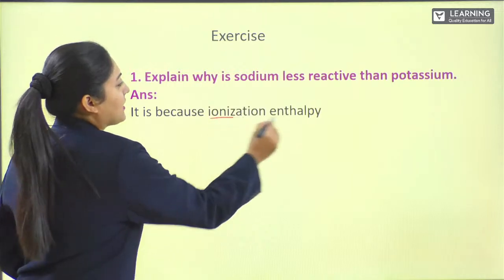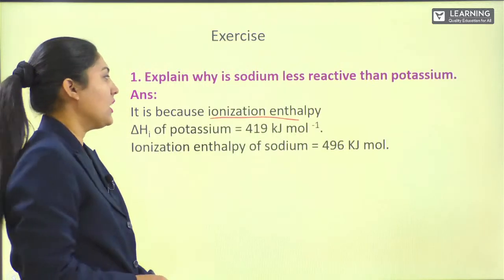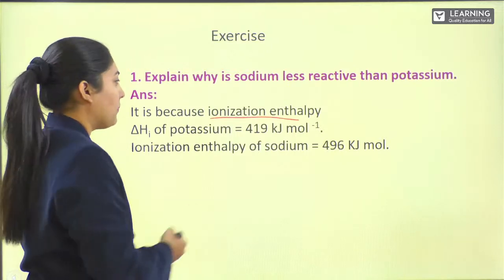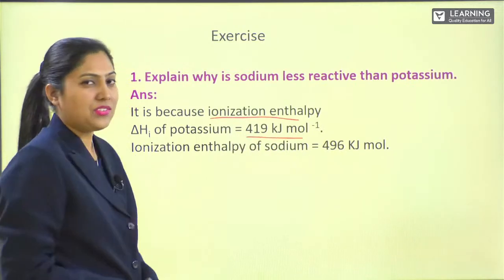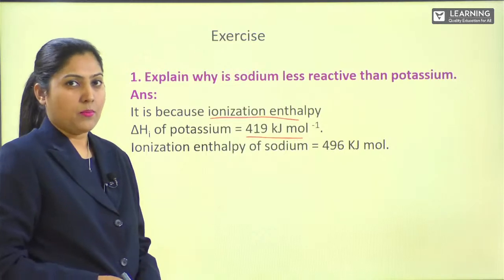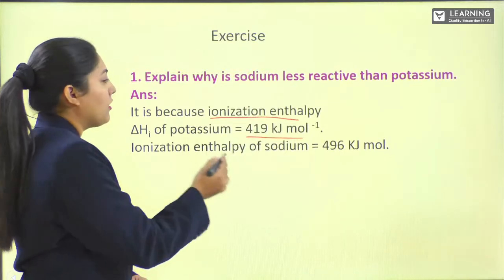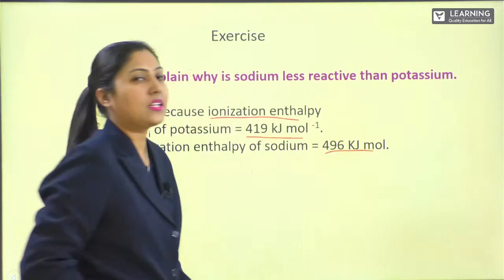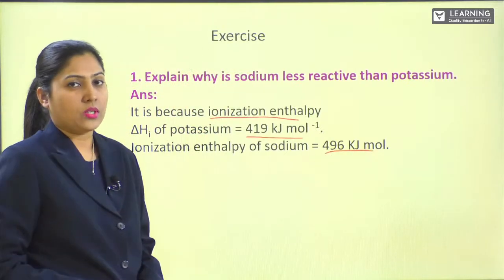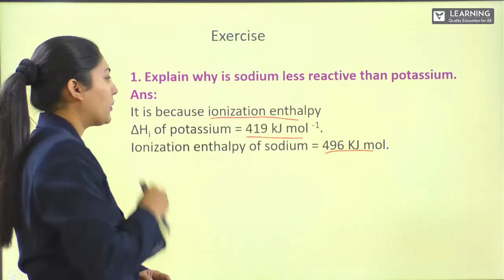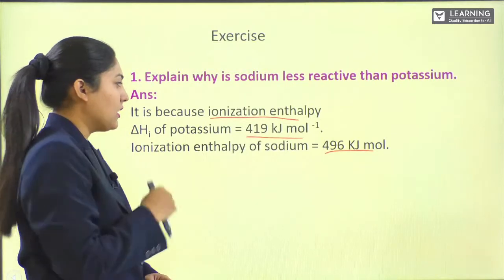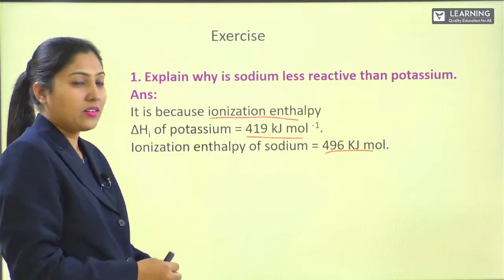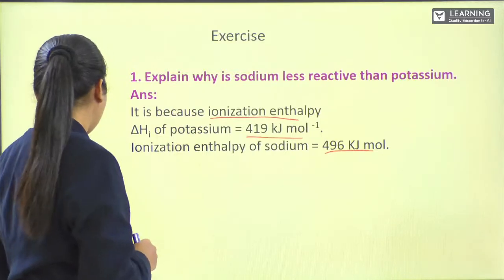It is because of ionization enthalpy. The ionization enthalpy of potassium is 419 kilojoules per mole, whereas sodium has ionization enthalpy of 496 kilojoules per mole. So the energy required for potassium is lesser than that of sodium, and hence potassium reacts more vigorously than sodium.